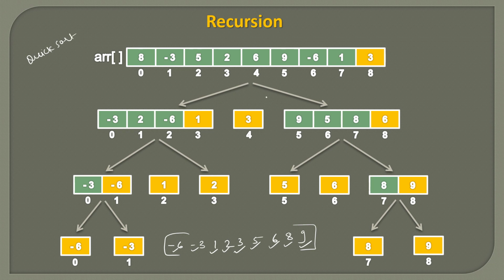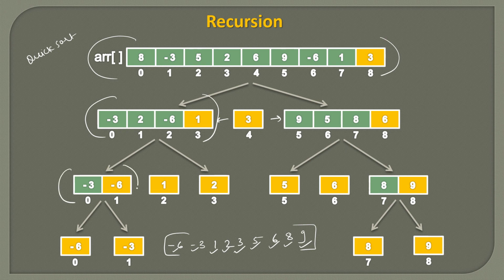So friends, here if you see, at the start we took the complete array, we took a pivot, we did the partitioning, all the elements lesser than pivot were on this side and all the elements greater than pivot were on this side. Then we recursively took the left part, we took the pivot and we did the same steps like this.